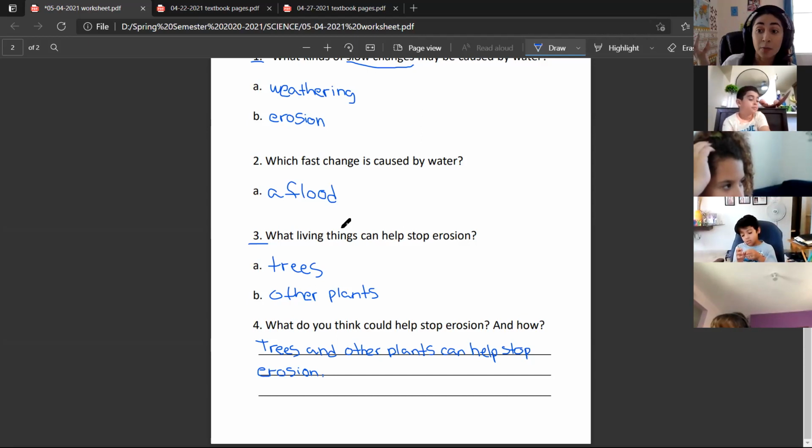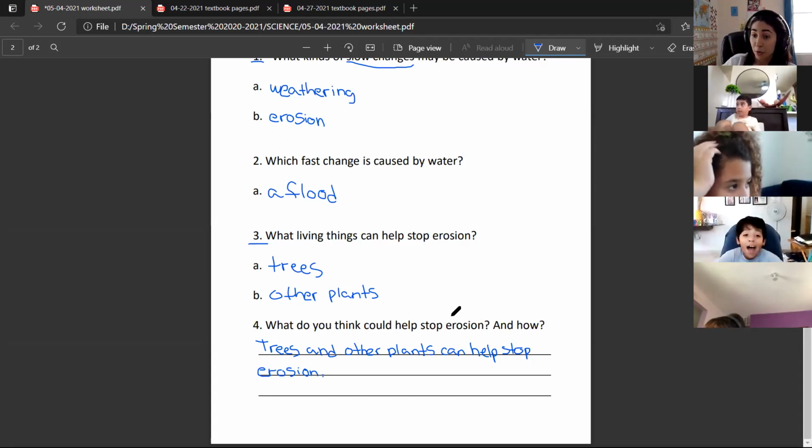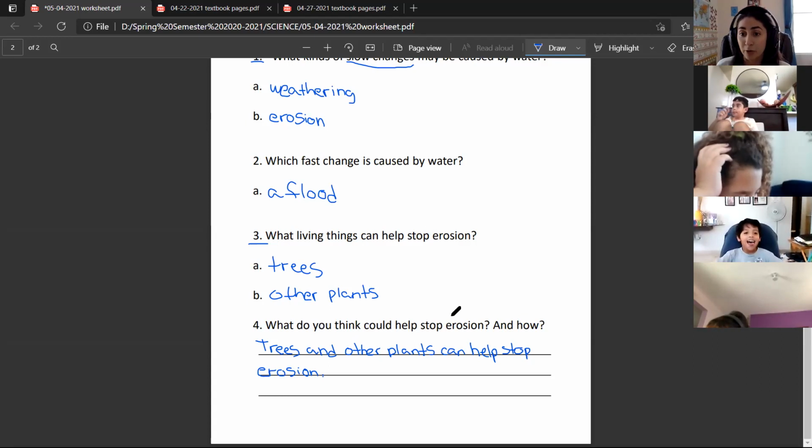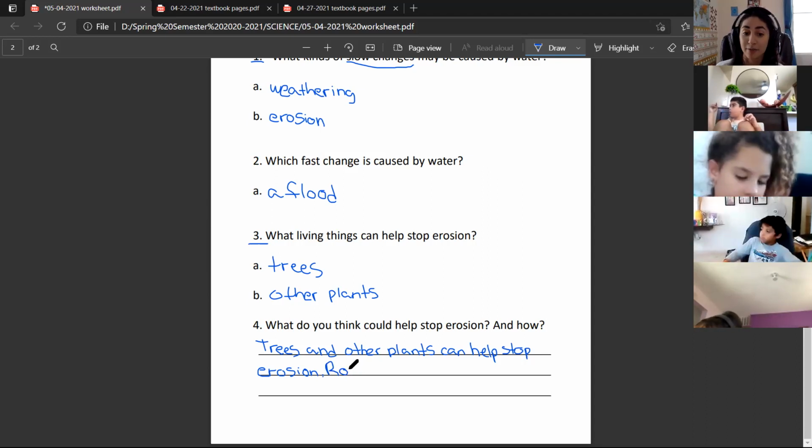But if you have something that is absorbing that water, then that is going to help stop erosion, because then you don't have water moving that soil and those rocks away. So the roots are really helpful because they're going to absorb that water and prevent it from moving away the soil. So the roots of the trees help stop erosion, but not just the roots.